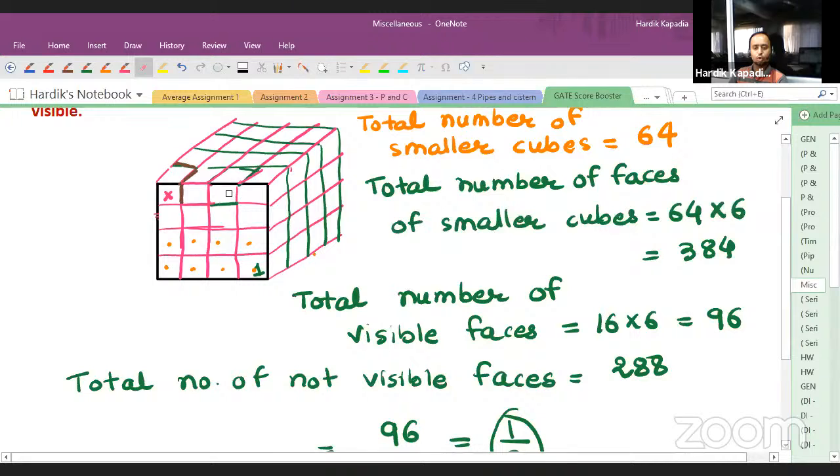Surface area of the whole cube? Perfect, Vijay. So it is 16 into 6. So the surface area is 16 into 6. It is 96.